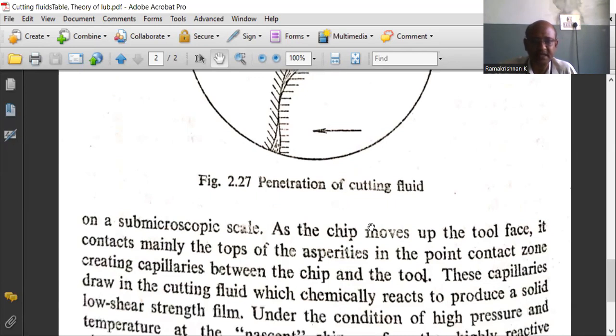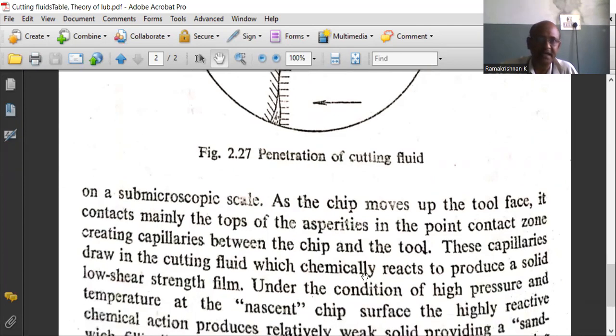Here, due to the rubbing action between the chip and tool at the point contact zone, capillaries are created between the chip and tool. The tendency of these capillaries is to readily draw in the cutting fluid, so these capillaries are filled with the cutting fluid.